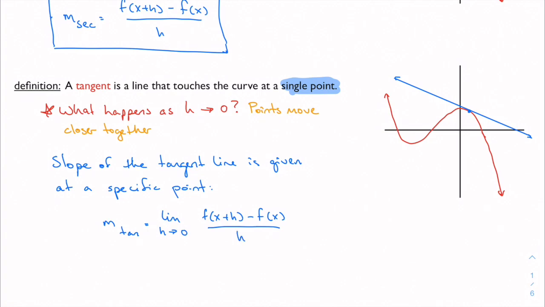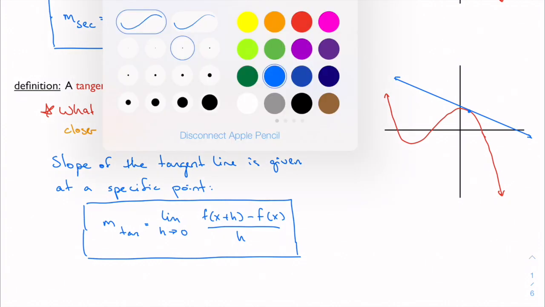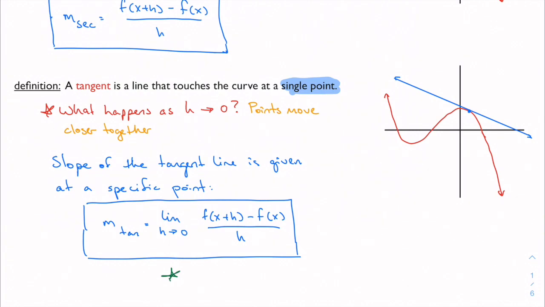So this is the slope of the tangent line, right? Talking about what happens as my points for the secant line approach each other. This is also known as instantaneous rate of change.